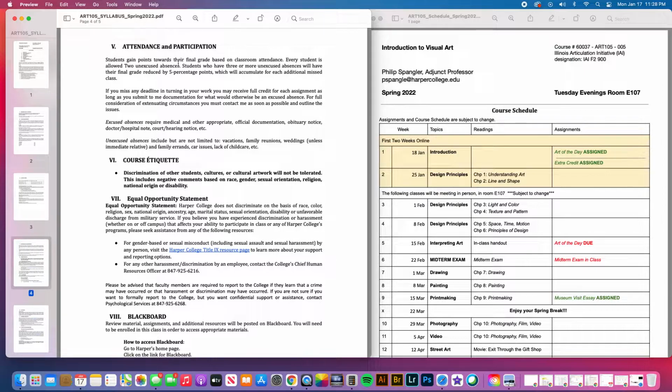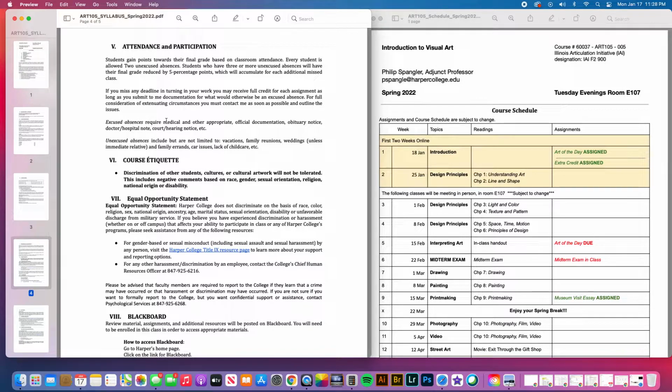If you miss any deadline in turning in your work, you may receive full credit for each assignment as long as you submit to me documentation of what would otherwise be an excused absence. For full consideration of extenuating circumstances, you must contact me as soon as possible and outline the issues. I want to talk about what an excused absence might look like.